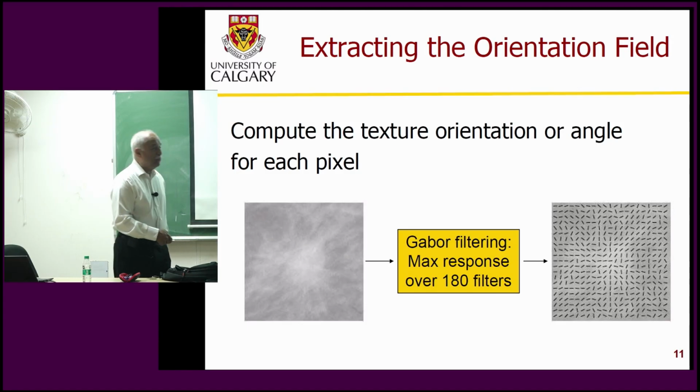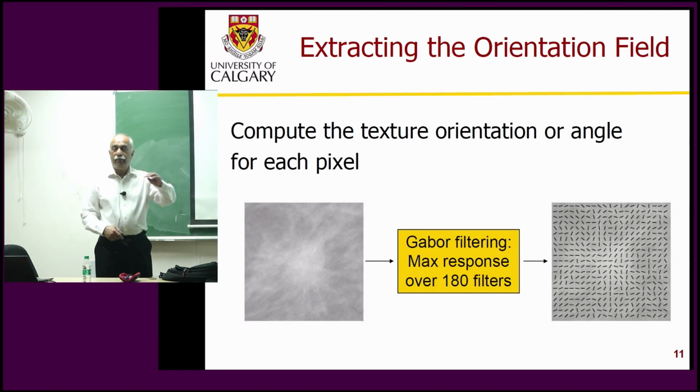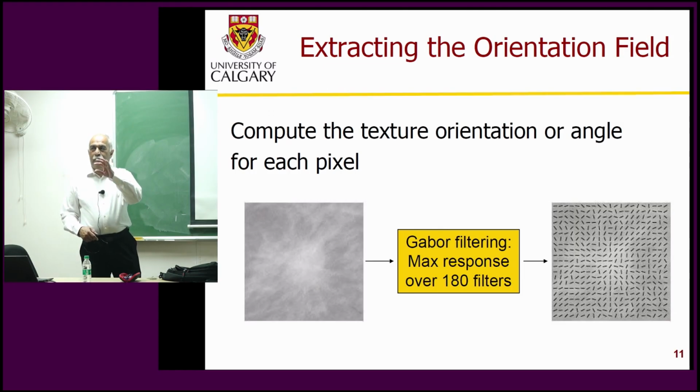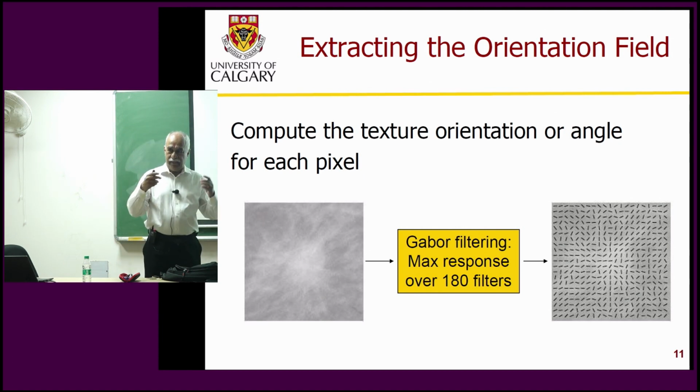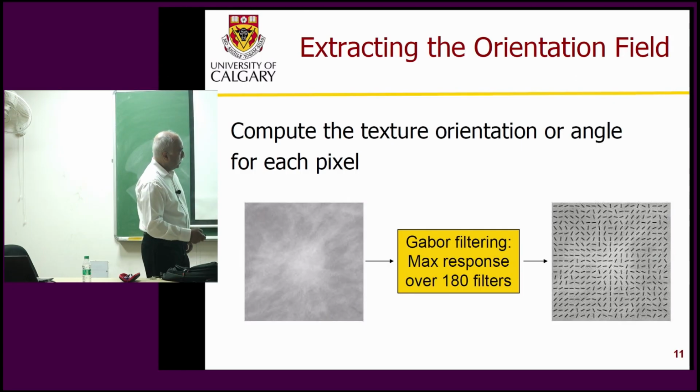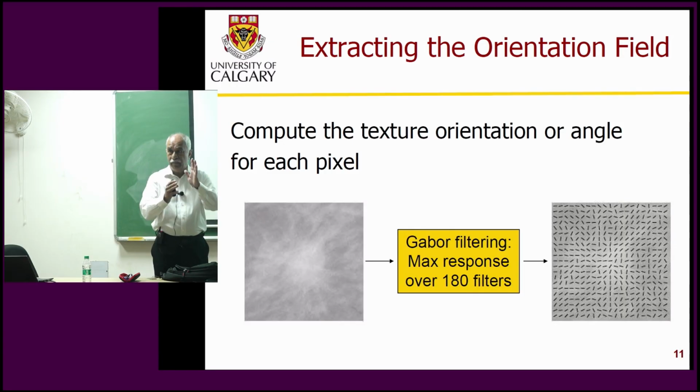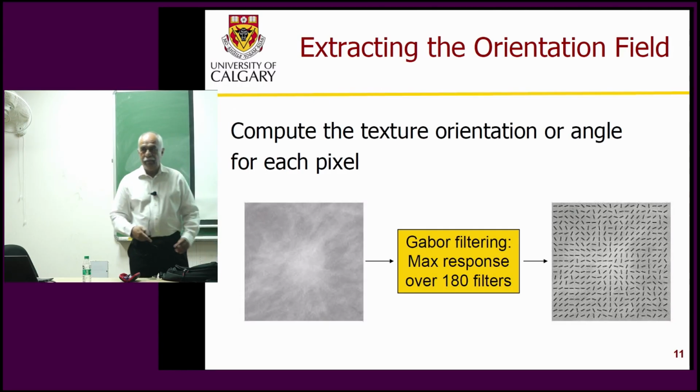The maximum response over the entire bank of filters for every pixel is saved in the magnitude response image, and the angle of the filter that gave the highest response is saved in another array, and the angles are shown here. You can see some spicules corresponding to these lines, but some of these lines are hard to see. There is some noise. So when you filter this, you will get a better display.